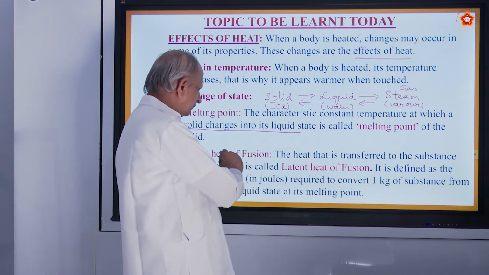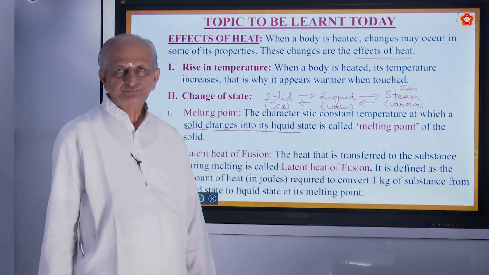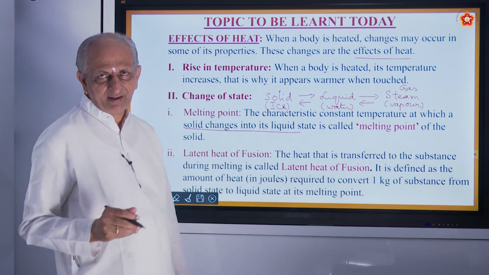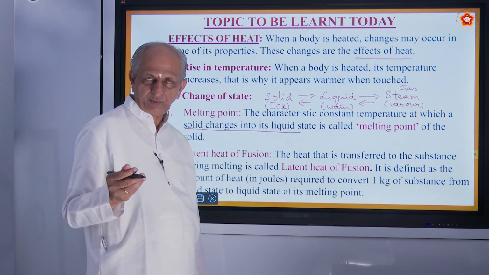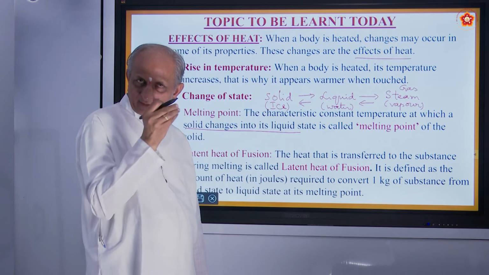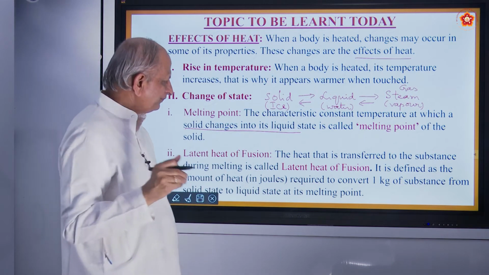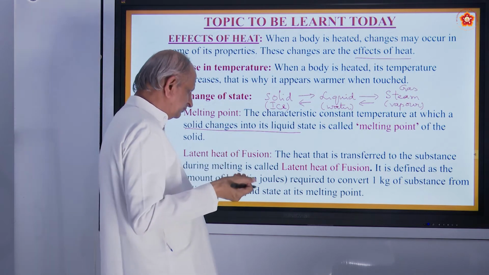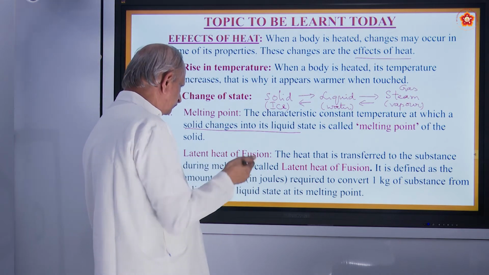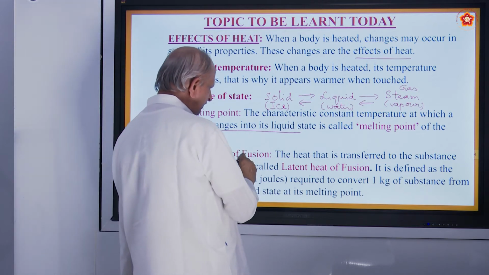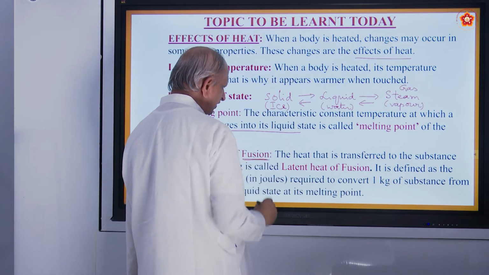And there is one more thing. Suppose you cool a liquid, what happens? The liquid becomes ice, is it not? So if you want ice to start forming, there is a hidden heat called fusion.